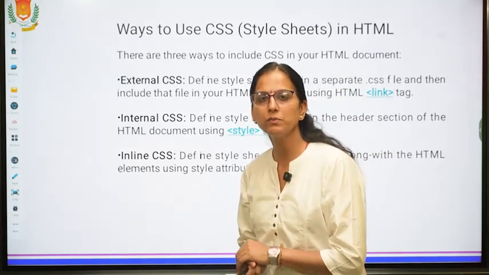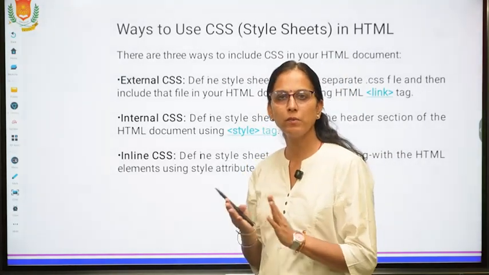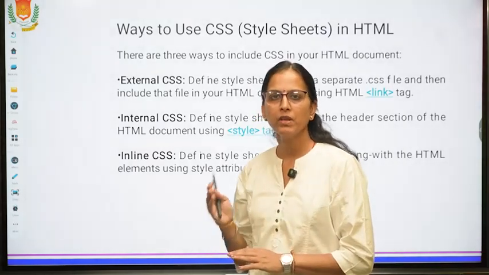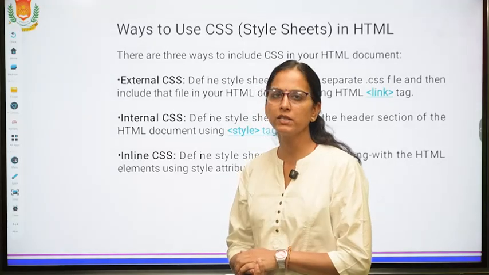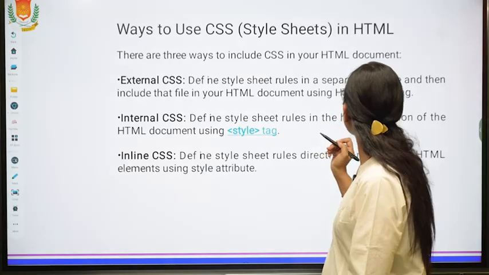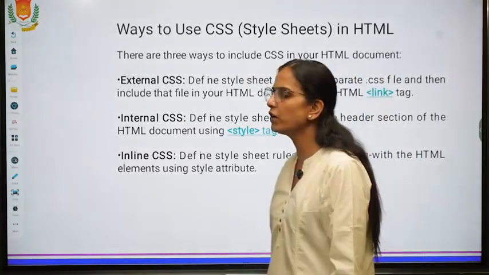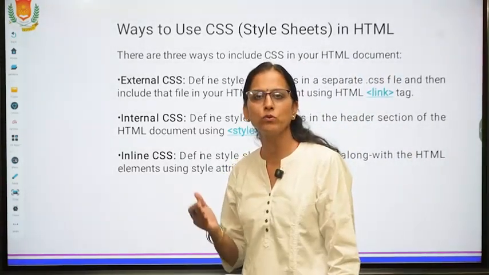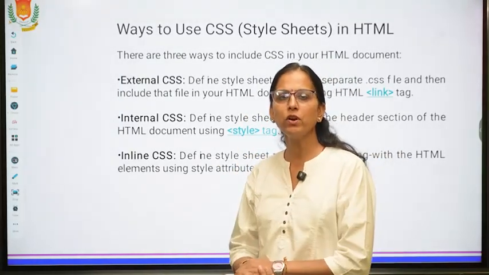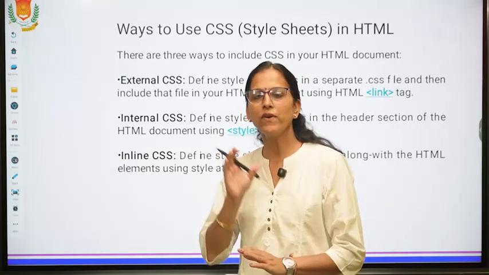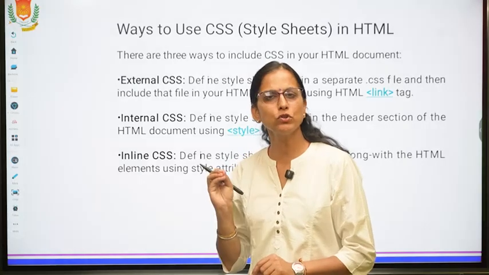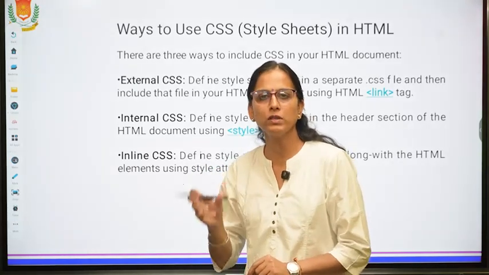External CSS means specifying the behavior and attributes of the tag in a separate file. That file can be saved with the extension .css, defining style sheet rules in the separate CSS file and then including that file in your HTML file. It means we have created a separate file, and the benefit of creating the separate file is that the file has been created with certain styles and attributes of a particular paragraph or for a particular page.